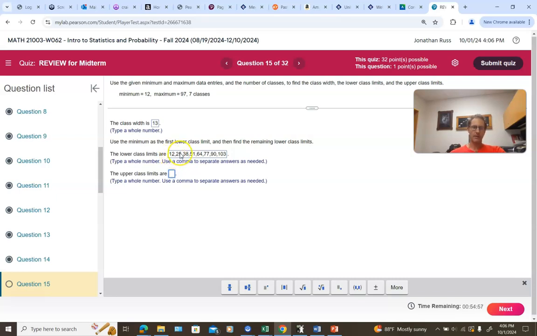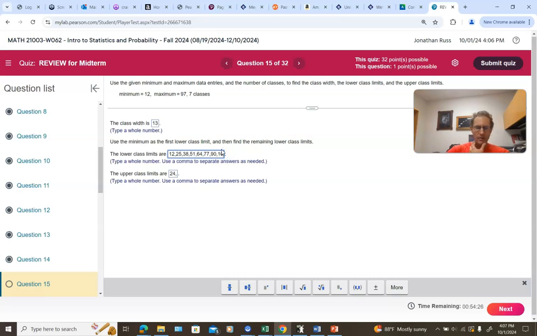The 25 is the lower class limit of the second class. So the upper class limit from that first class had to have been 24. Okay? And then you just keep going. Wait a minute, just a second here. I think I might have too many.